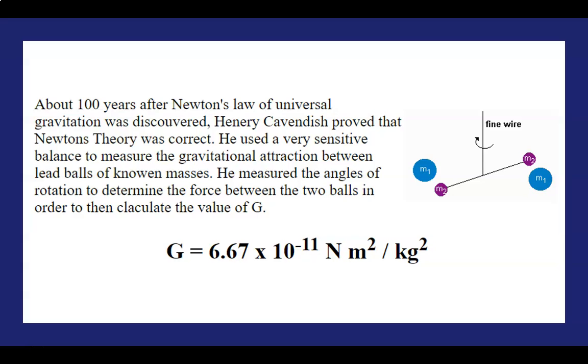Now, this happened about 100 years after Newton's law of gravitation was discovered. Henry Cavendish proved Newton's theory was correct. He took two large masses and two smaller masses around a really fine wire.